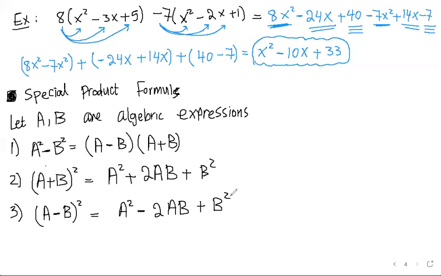Okay. I give an example. So 3x plus 5 squared. How do you think about this one?